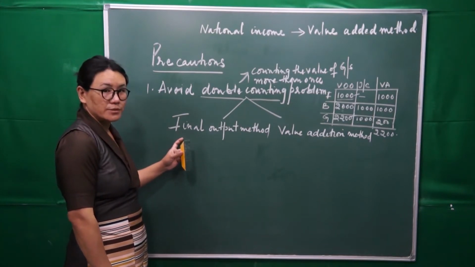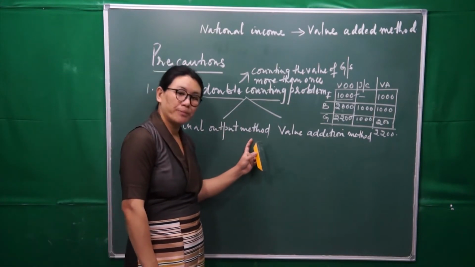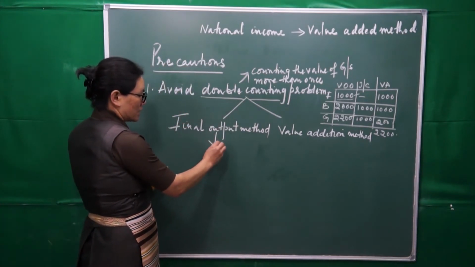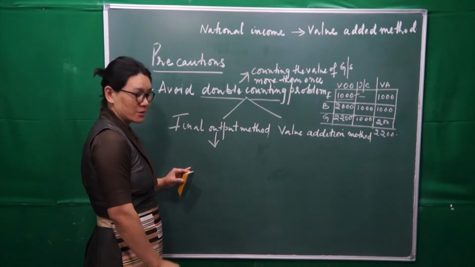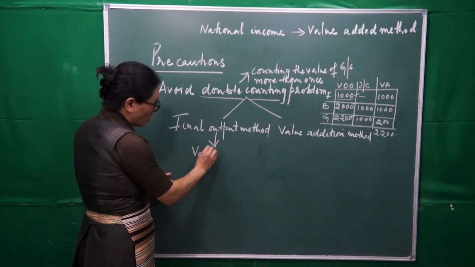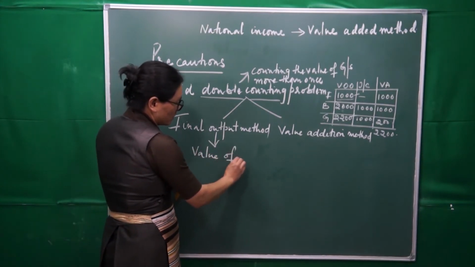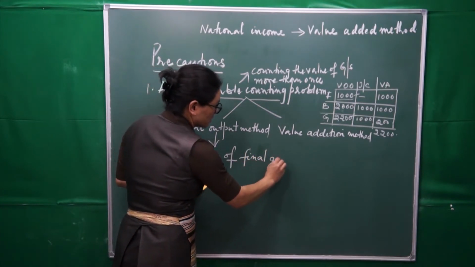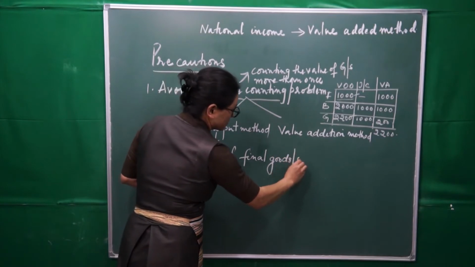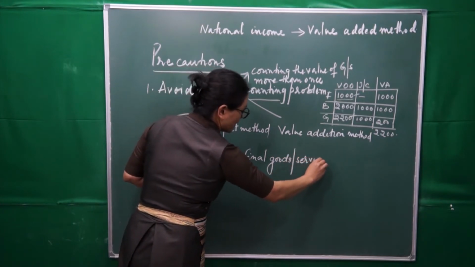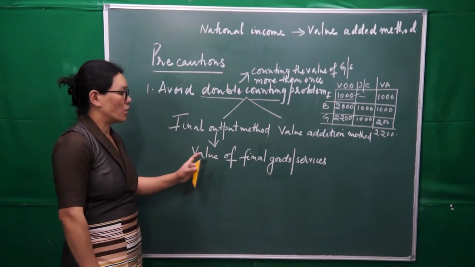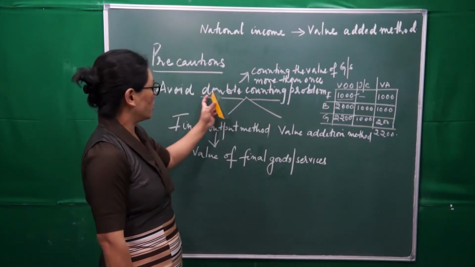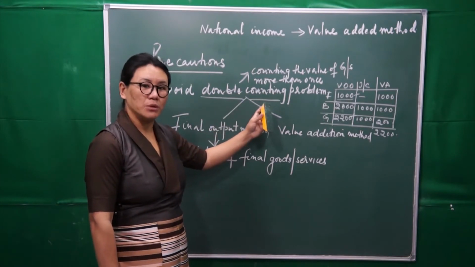Okay, now see, in this final output method, what we have to do is take into consideration the value of final goods or services. Only this we have to take up, in order to avoid the double counting problem.